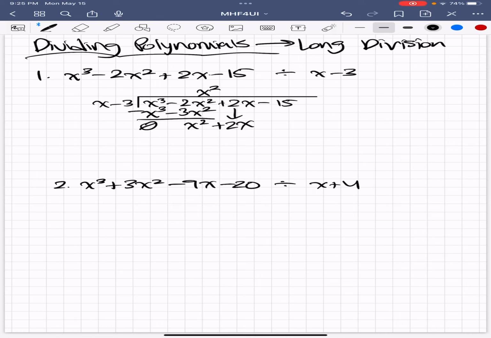Now, what multiplied by x gets x to the power of 2? Positive x.